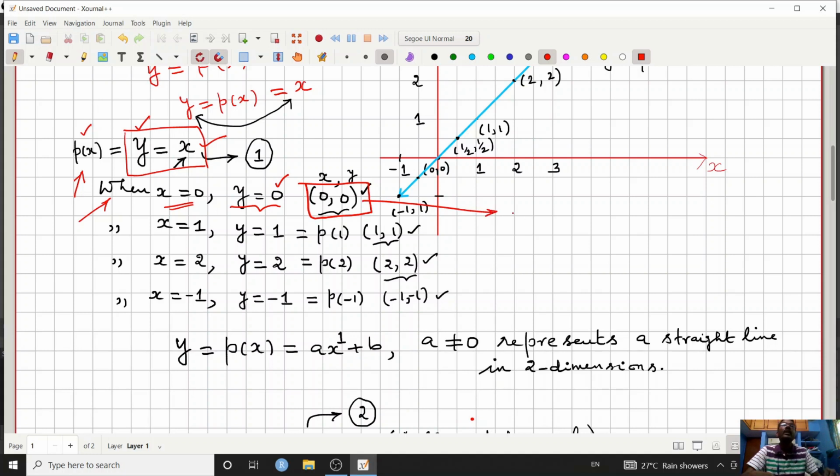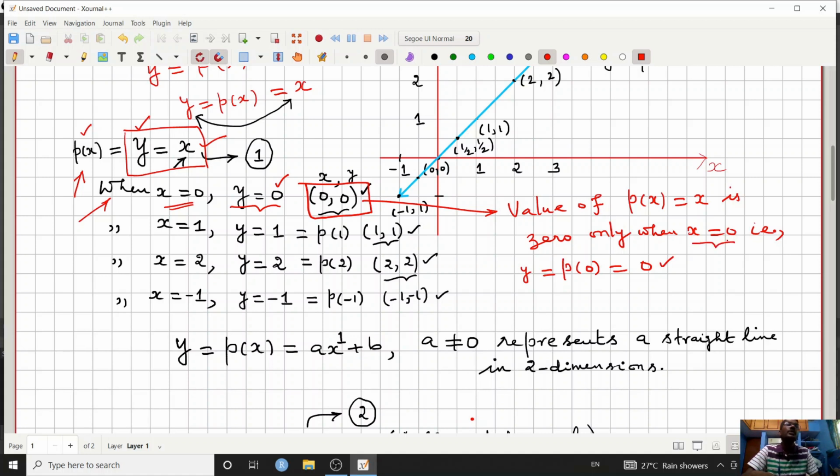This is nothing but the value of p of x. The value of p of x is equal to 0 only when x is equal to 0, meaning when you substitute x equal to 0, p of 0 is equal to 0.